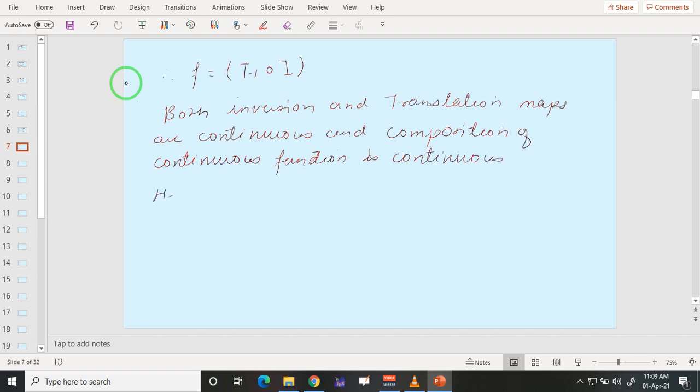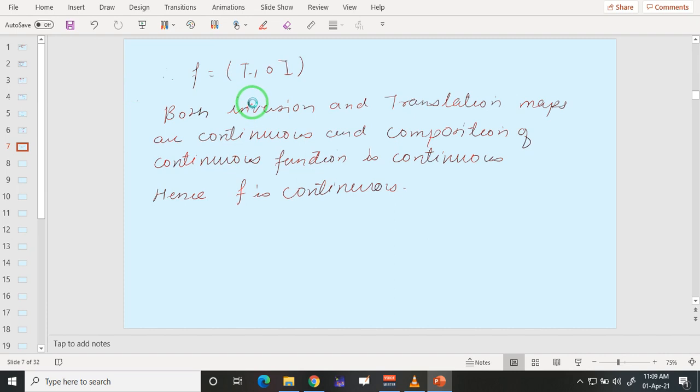Hence, f is continuous. Okay. So we have proved two things. We have proved that f is bijective and we have proved that f is continuous.